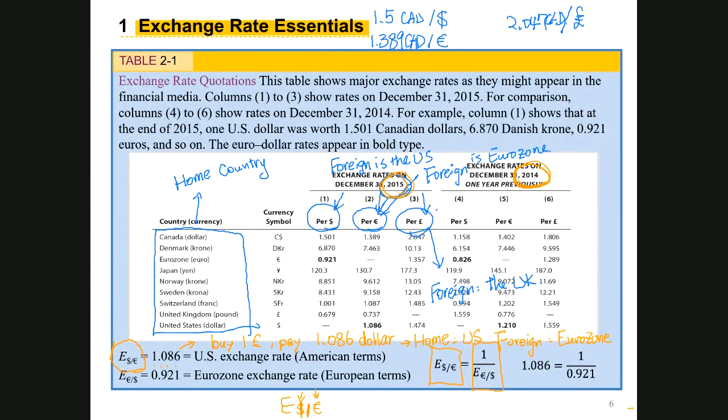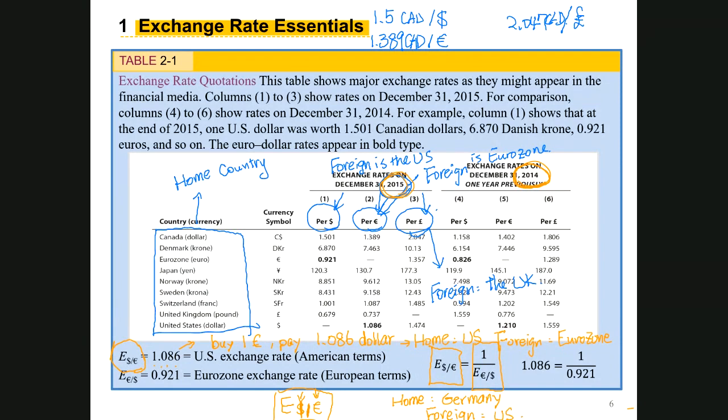So if I use another way to represent these two currencies' relationship, now the home country became one of the European countries, say Germany. Say that you are a German and you want to buy some of the foreign currency, and this foreign currency is the US dollar.